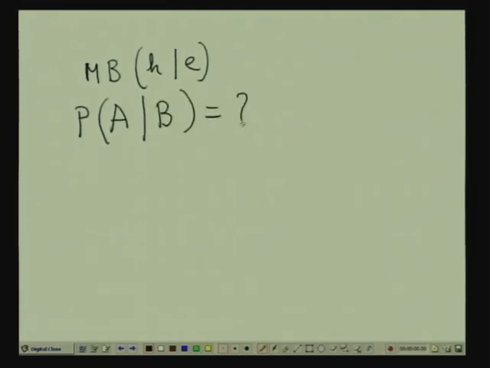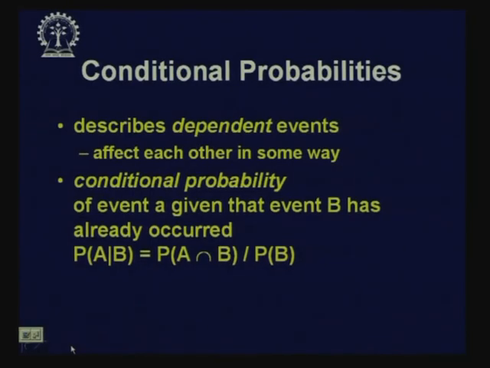What is the probability of this? Now, B has occurred or B has got a particular probability of occurrence. Okay. In that case, what is the probability of A occurring? That is known as conditional probability. Okay. And that is given by P A and B, that is A has occurred and B has occurred, divided by probability of B. All right.